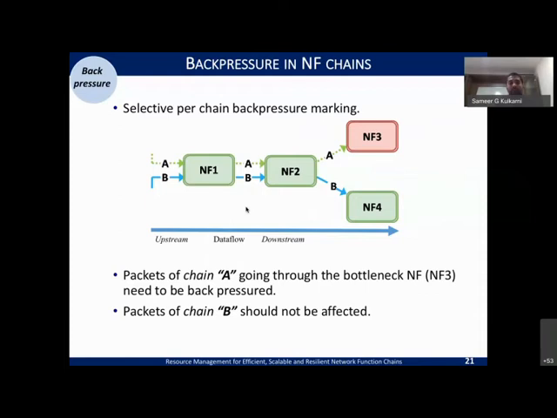And the way to give a terminology of how these things operate, like if you have flows A and B packets flowing, what you have is this NF1 and NF2 are along the upstream side, whichever are first, and then the packets move towards the downstream components like NF3 and NF4. And this is the direction of where the packets flow.